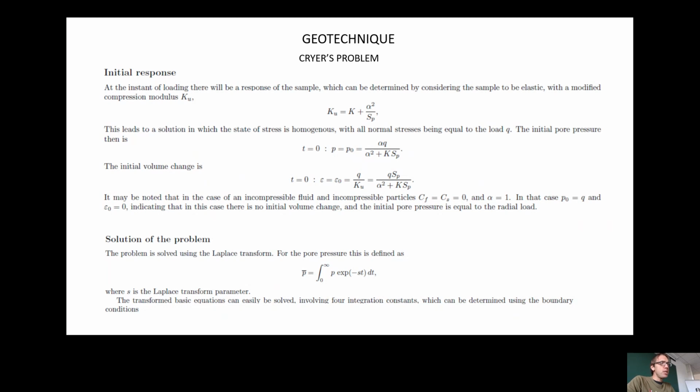So if we consider P with a bar, as I said, a Laplace transformation, we have that P bar is equal to the integral from 0 to infinity of P multiplied by the exponential of minus s t, where s is the Laplace transform parameter and t is the time.